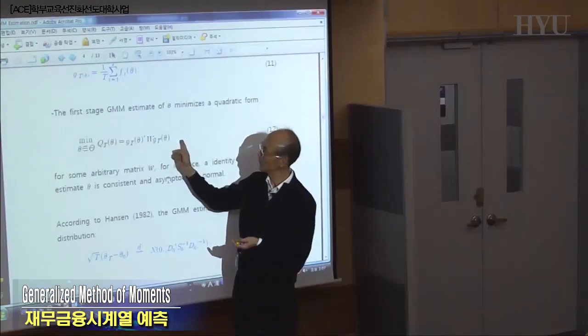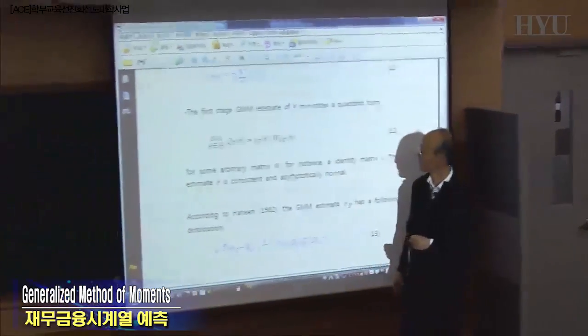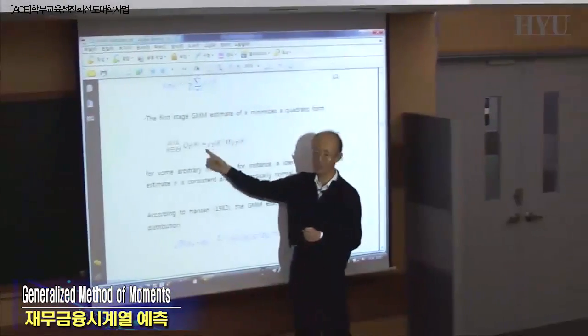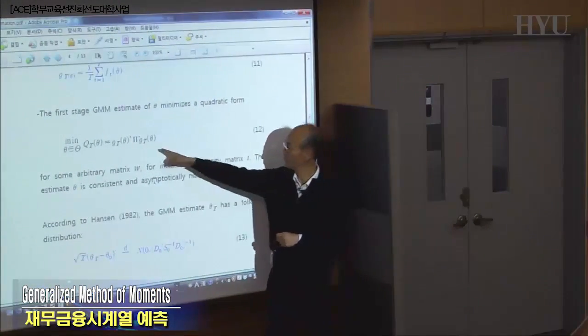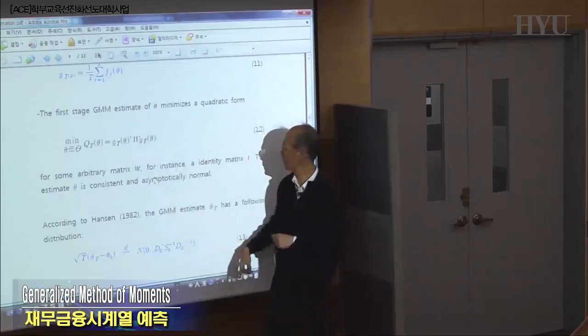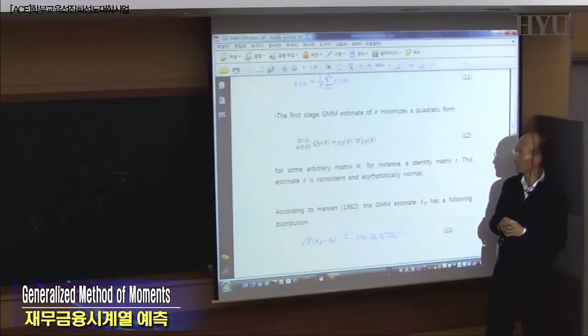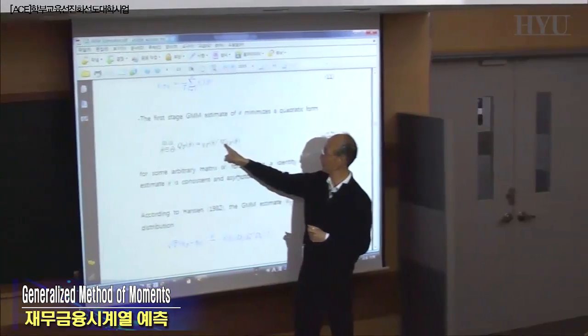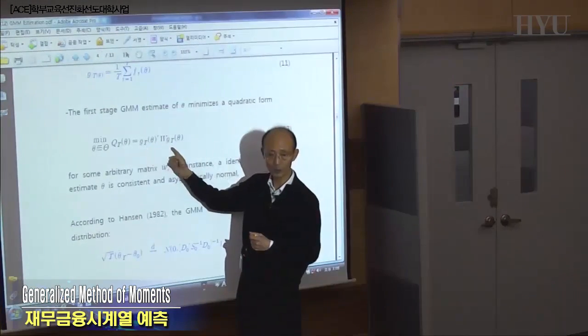So the first pass of GMM is to minimize this quantity, setting W, the weighting matrix, as the identity matrix. With the identity matrix, actually this is a sum of squares, right?